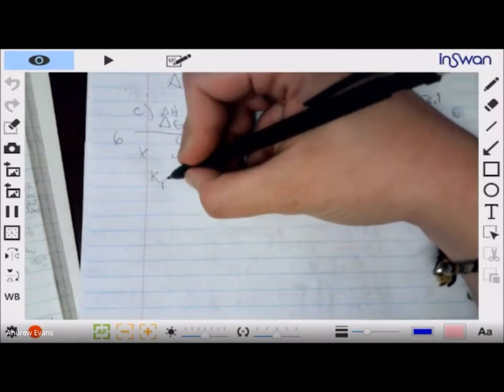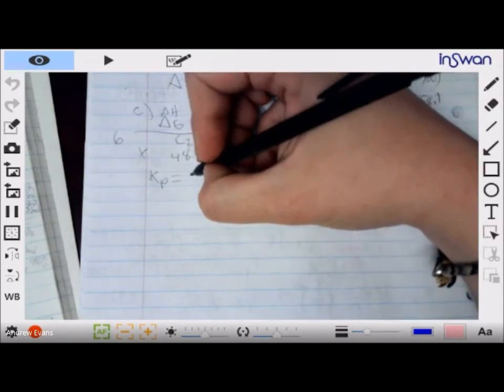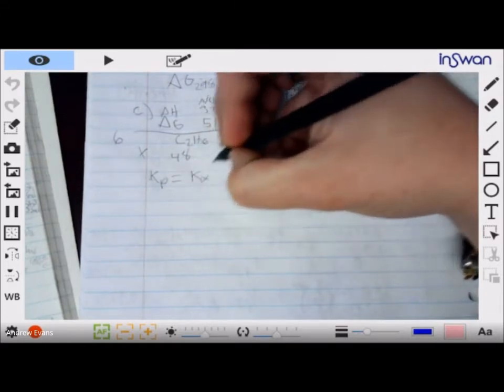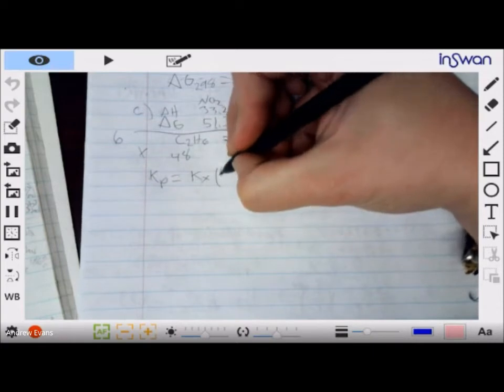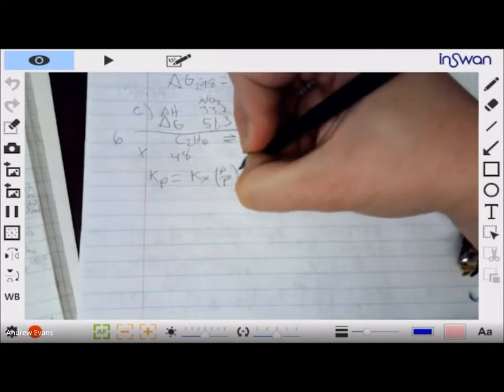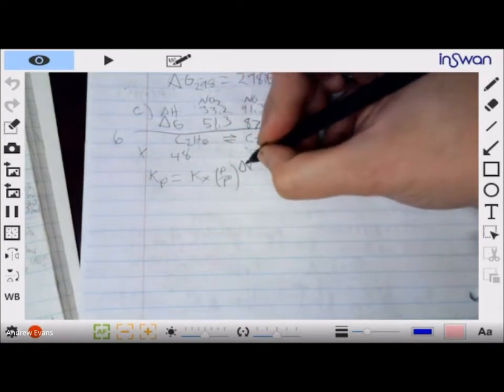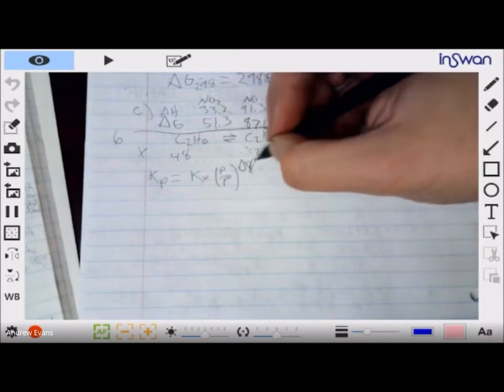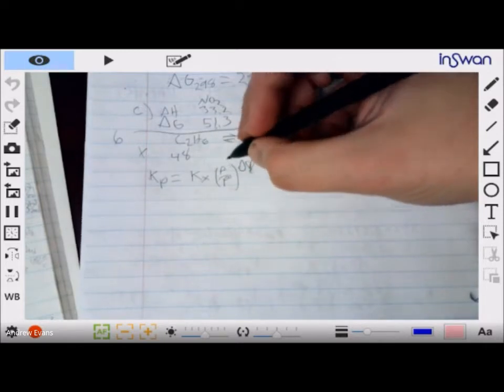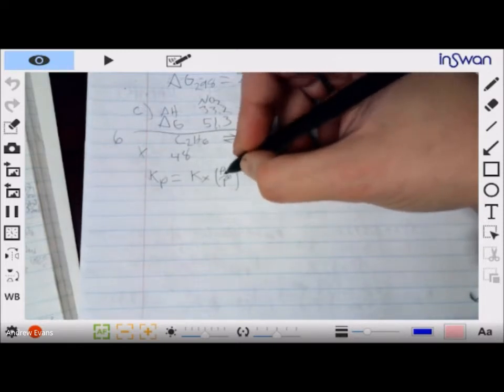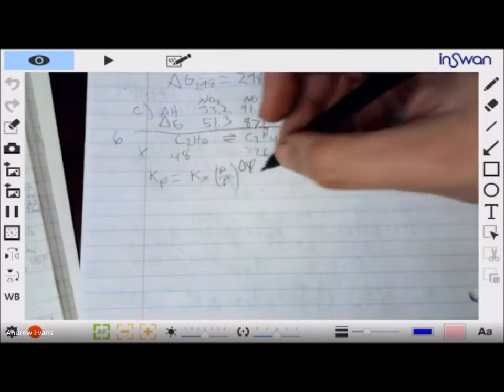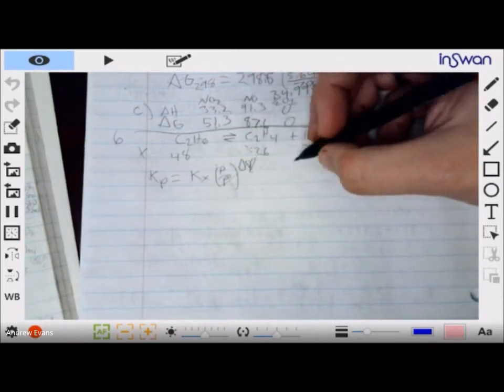Well, Kp is going to be equal to K chi times P over P naught to the delta nu. However, since pressure is 1 bar, this whole term cancels out and Kp is equal to K chi.